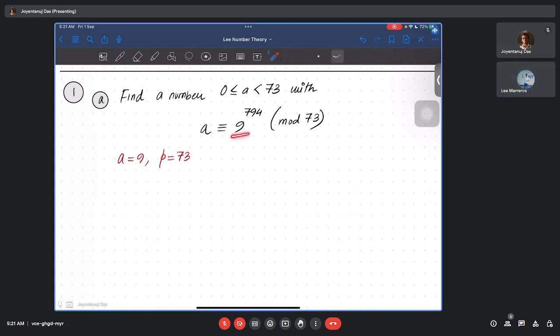Because here in our problem we have 9 power something, right? So we have to replace a by 9. So that a and p will change according to the problem. It says that it works for any a that is not congruent to 0 mod p. So here 9 and 73 are not divisible, so yes, we can do that.